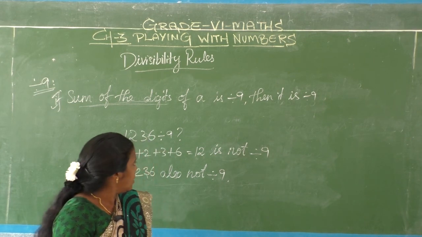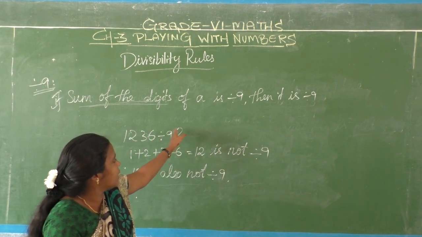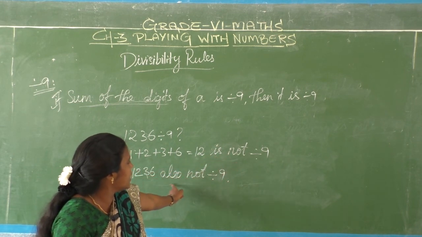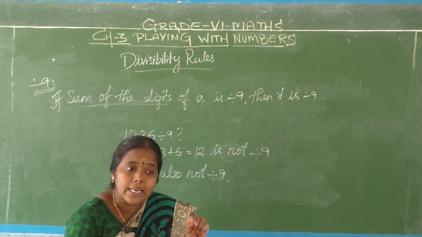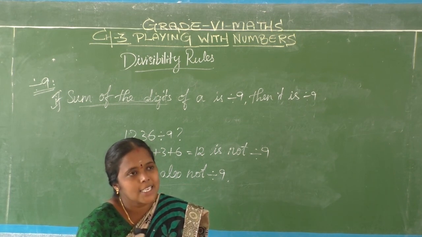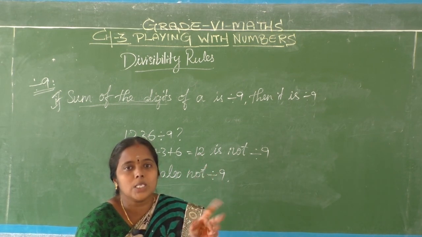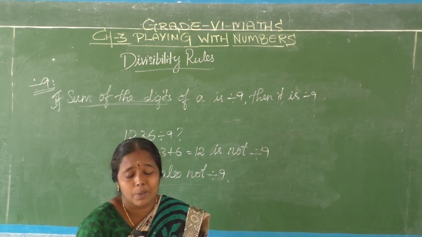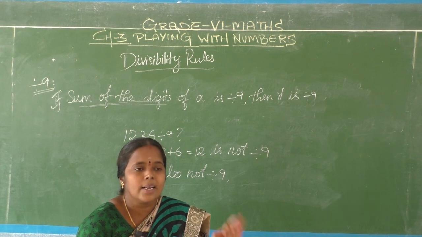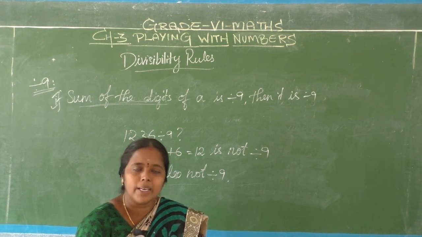Divisibility by 9: if the sum of the digits of a number is divisible by 9, then it is divisible by 9. Divisibility by 10, what is the rule? Very easy, the ones place digit must be 0. If some number other than 0 is present, you can decide the given number is not divisible by 10.